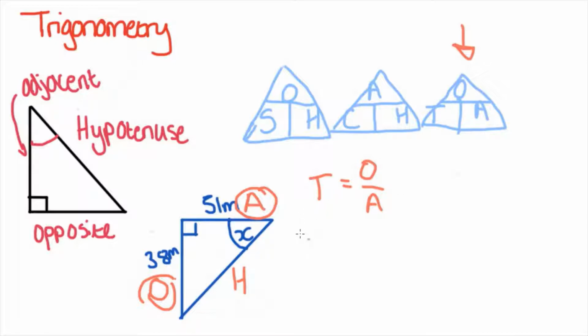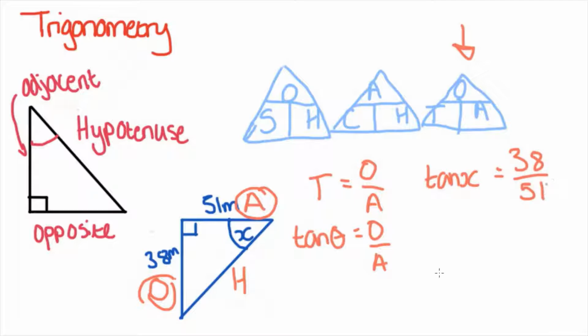And again, what does T stand for? It stands for tan theta is equal to O over A. And now plugging in the values, we get that tan x, because x is the value of our angle, is equal to 38 divided by 51.